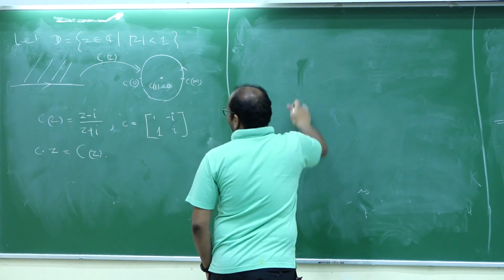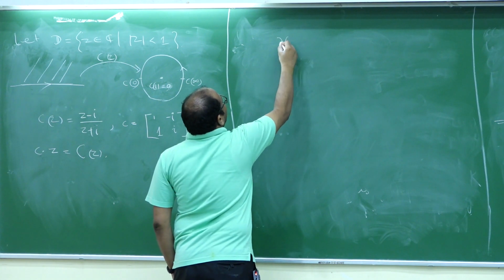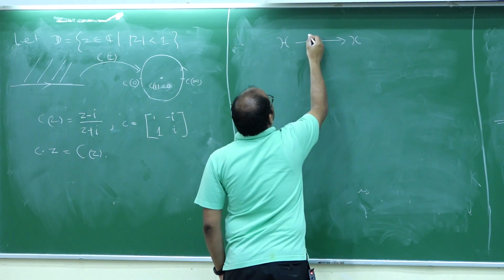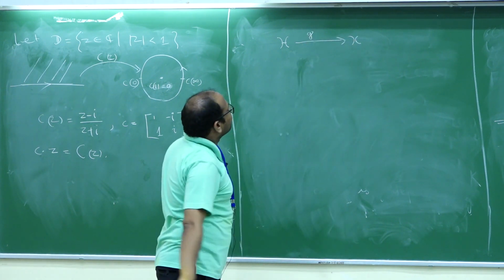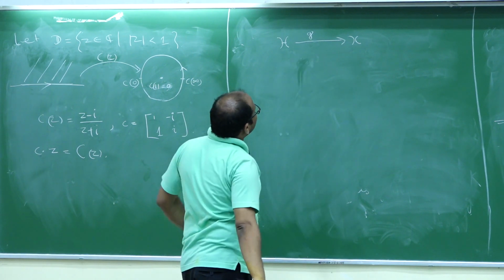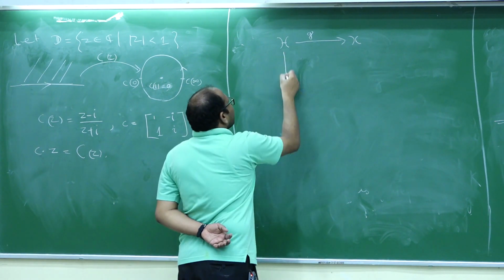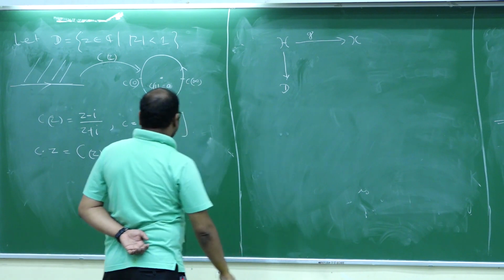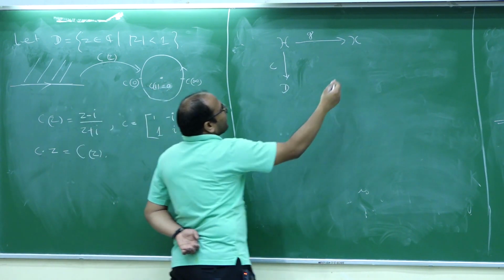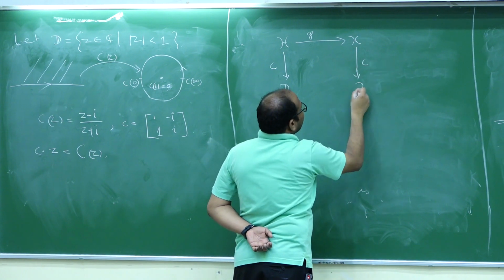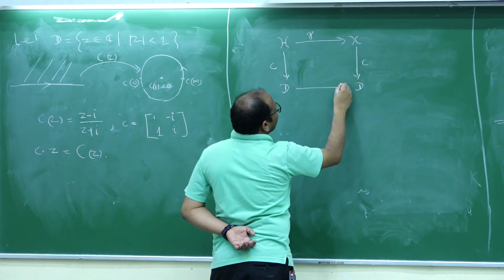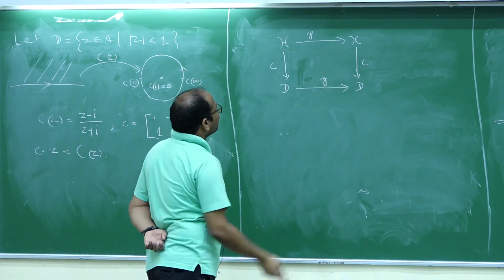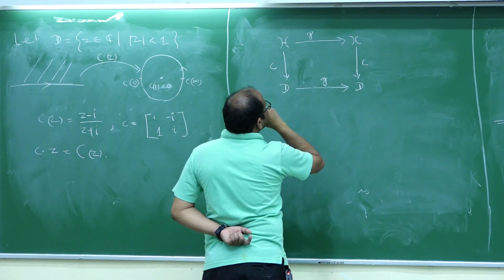Now this is my upper half plane, and there is a map G belonging to SL(2,R). G acts on it by this Mobius transformation. So from H to D there is a map, that is also a Mobius transformation given by this C. If you compose this map with G, that will also be a Mobius transformation, but that will be given by this C inverse.